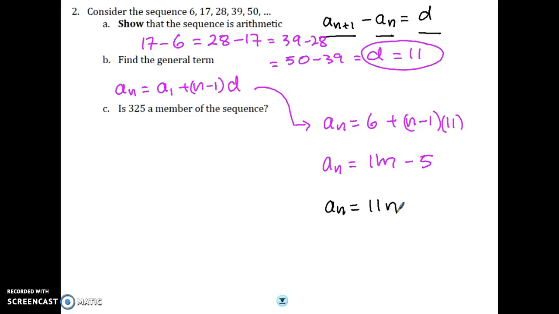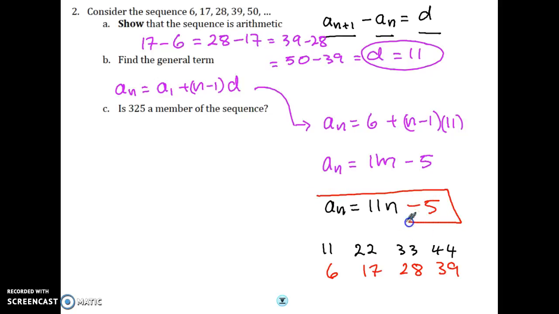Now, the 11 times table would obviously be 11, 22, 33, 44, etc. What we actually have is the numbers 6, 17, 28, and 39. And what you can see is that a sort of vertical translation has taken place. These numbers in black have been translated down by a value of negative 5. All right, so you can use your knowledge of transformations to begin to think about what's going on here.